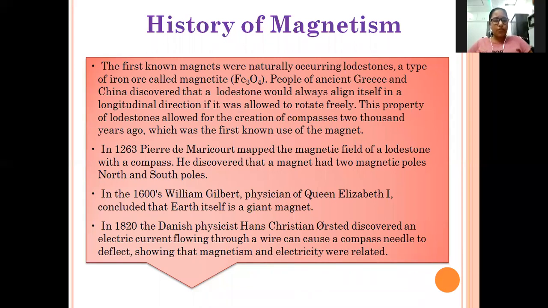People of ancient Greece and China discovered that a lodestone would always align itself in a north-south direction if it was allowed to rotate freely. Further, many scientists discovered many more things about magnetism. The names of some brilliant scientists are Gilbert, Oersted, and Marigold.